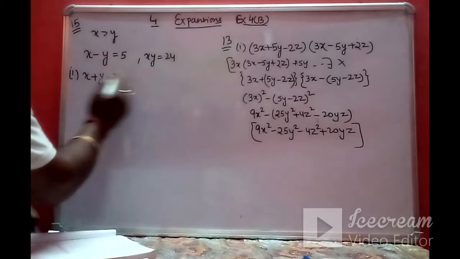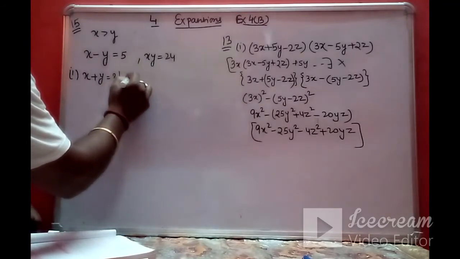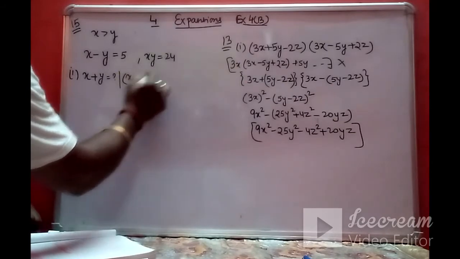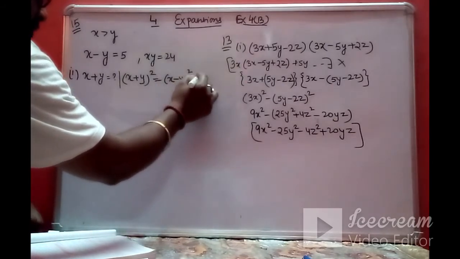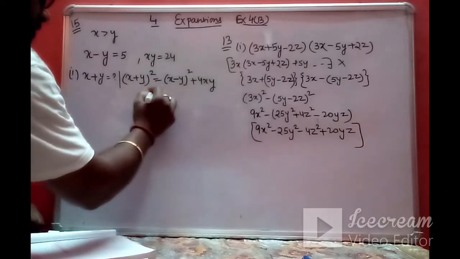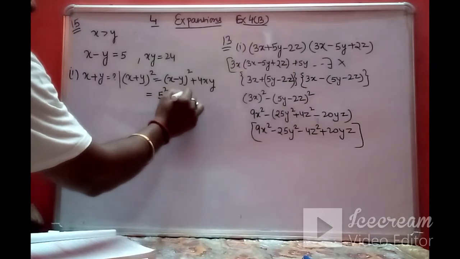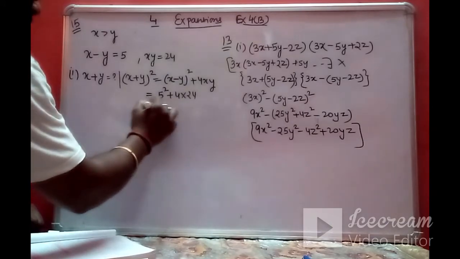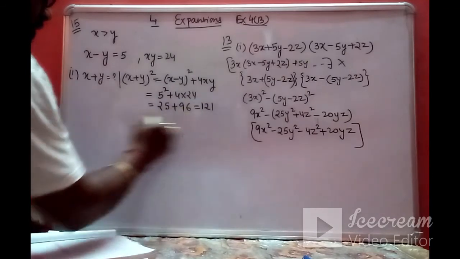So I will solve it like this: (x plus y) whole square is equal to (x minus y) whole square plus 4xy. So what is x minus y? 5. So 25 plus 4 into 24, that is 96, is 121.